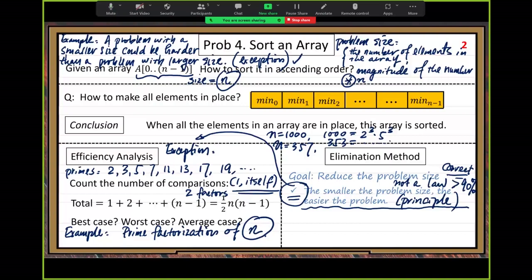In problem solving, 90-something% correct is already very useful and can help us solve many questions. For the exceptional cases, we do not use this principle. We can use other principles, for example when we do prime factorizations.